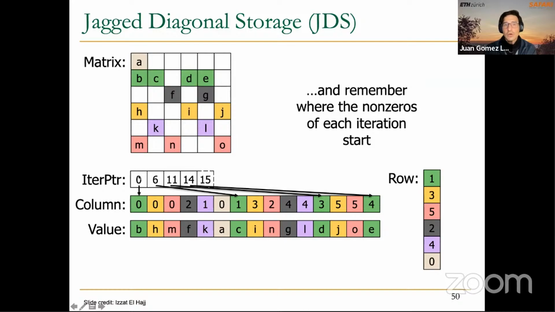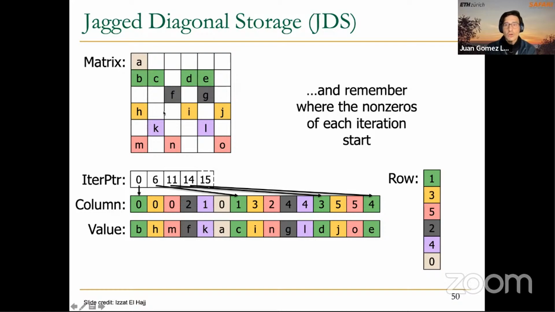Unlike the row pointer that we use in CSR that points to the beginning of one row, here we have a pointer that points to the exact position where threads will start computing in each iteration of the algorithm.